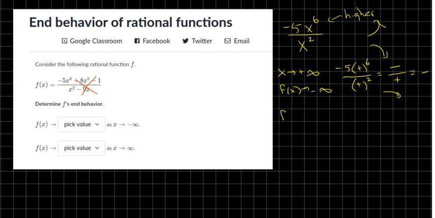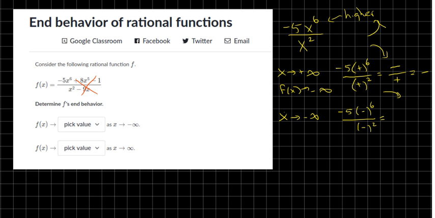Now let's see what happens as x approaches negative infinity. This looks kind of like our last problem. Negative 5 times a negative number to the 6th over a negative number squared.